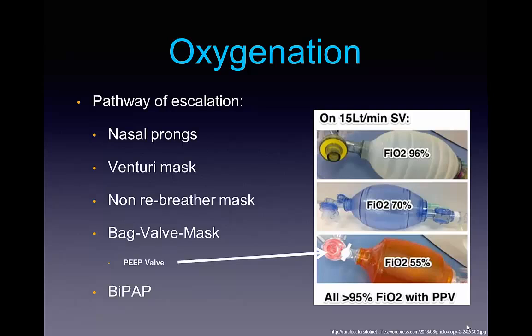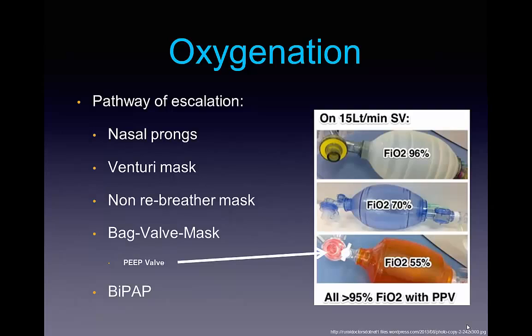Then you go to the non-rebreather, which is a mask with a reservoir delivering 100% oxygen. However, despite popular thought, a non-rebreather does not actually deliver an FiO2 of 1 or 100%. What is usually needed is a bag valve mask, also with a reservoir, which delivers 100% oxygen, and proper bagging technique, usually including a two-hand approach to holding that face mask onto the patient, and then bagging the patient if they're apneic, or bagging with their breath, such as an assisted bagging if they're still generating respiratory effort.